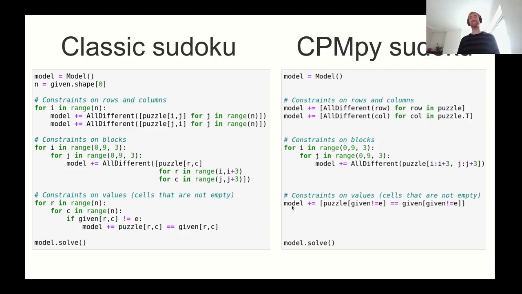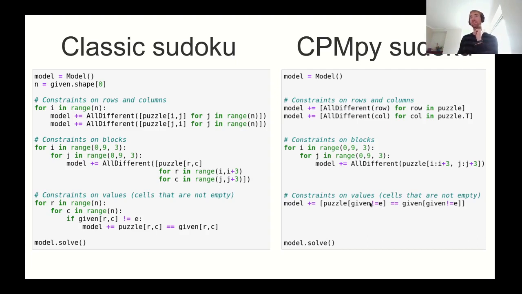And then my favorite is how to post the actual given values. Here we use a combination of two things. We first use a selector. Instead of looping over all of the elements and checking whether the given element is different from e, we can just write this as a selector like this. given != e will give us an array, actually a matrix of the same shape that says true, false, false, true, false, and it's only true where the given element is different from e.